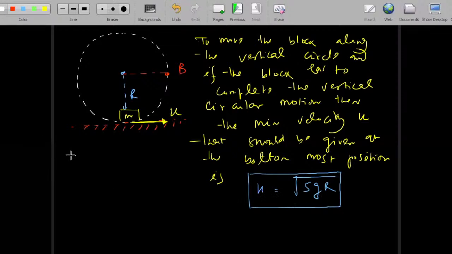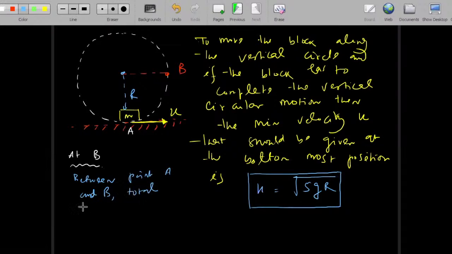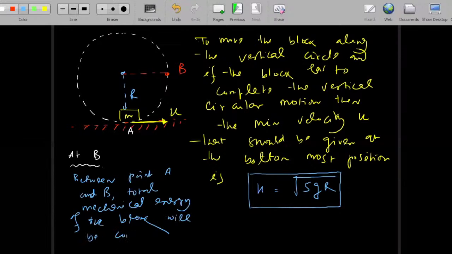So now at B, think if this is point A, between point A and B, the total mechanical energy of the block will be conserved. There is no friction, it is moving under gravity.